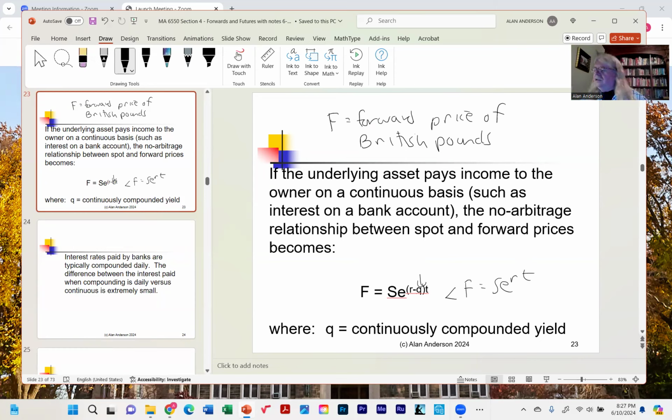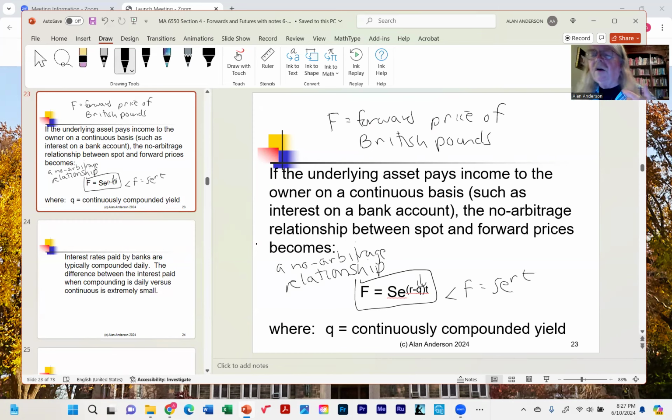And once again, this is a no arbitrage relationship, meaning that if it's violated, there will be an arbitrage opportunity. It'll be a little bit more complicated, but it's the same principle. And for that reason, this relationship will usually hold in practice.